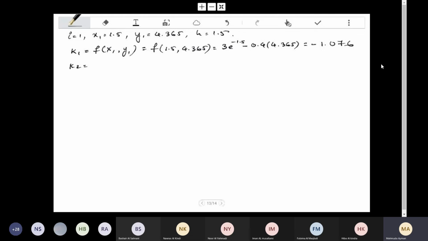Now I want answers for K2. The formula for K2 is the function value at x1 plus 1/2 times h, comma, y1 plus 1/2 times k1 times h. So give me the value for K2.